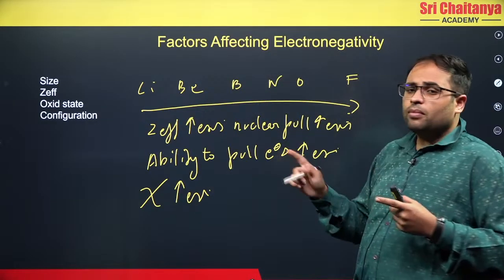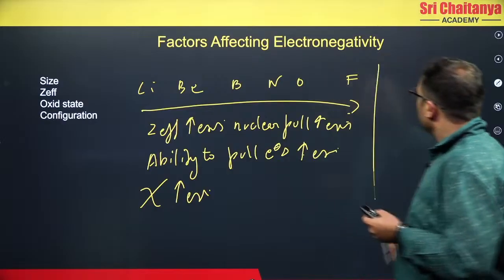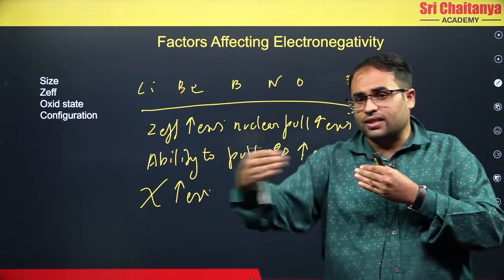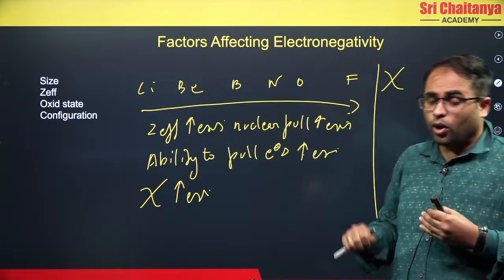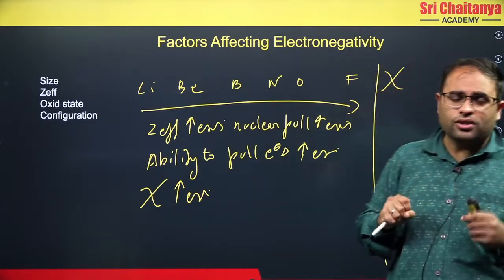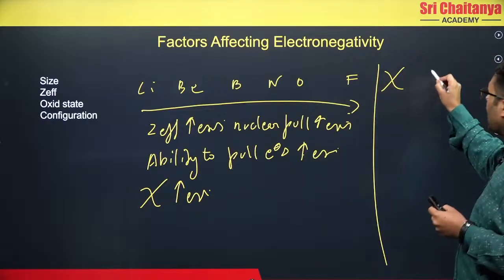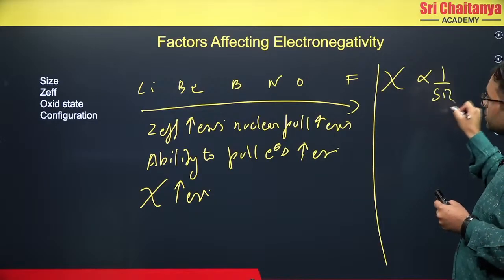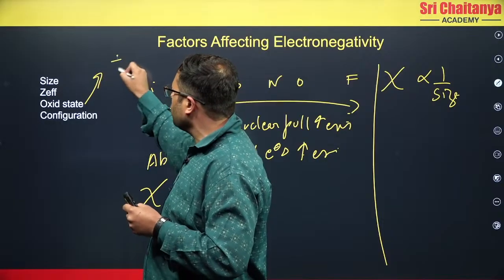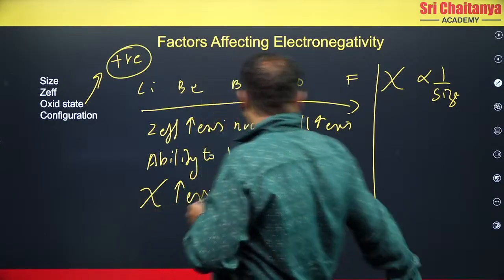Now same size, electronegativity, if the size is increasing, what will happen? If the size is small, it can easily catch electrons, that is electronegativity. So chi is inversely proportional to size. Oxidation state. Oxidation state you will learn, it is the positive charge, right?